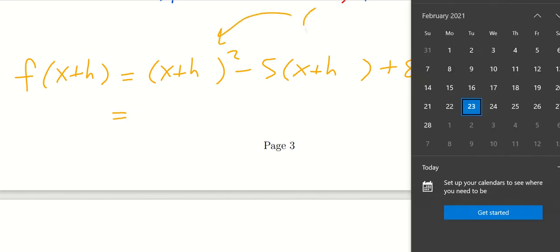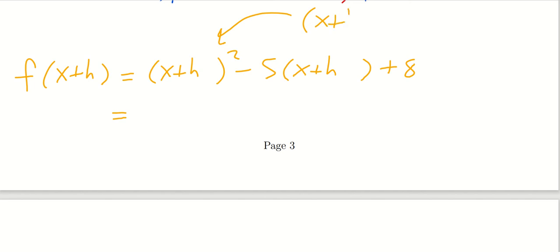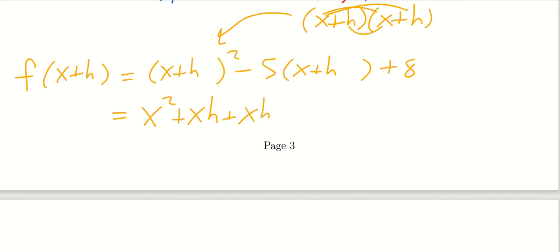This first term, as we saw previously, is the square of a binomial, so we have to distribute that out. X times x is x squared. X times h is xh. H times x gives us another xh term. And then h times h would be h squared. Distributing the negative 5 into this parenthesis, we get a negative 5x, a negative 5h, and then don't forget we still have that plus 8 tagging along.